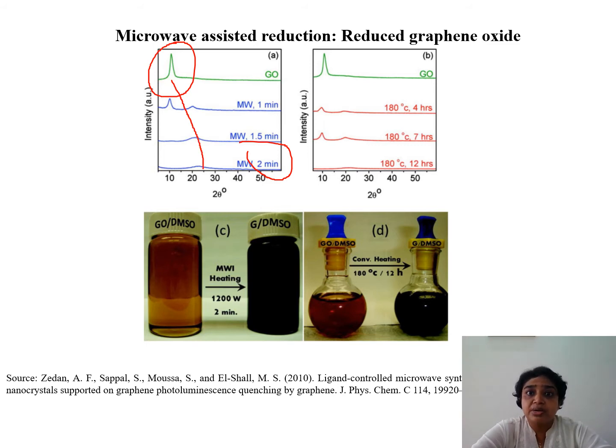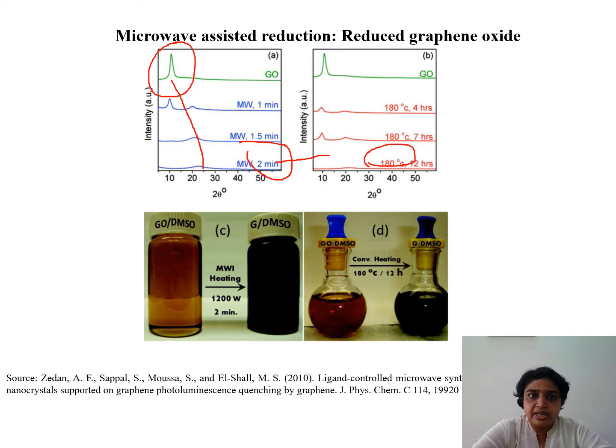However, the conventional method took 12 hours, and just imagine how much energy was consumed. On the contrary, microwave gave the same result in just 2 minutes. It is very interesting that conventional processing took 7 hours to get the reduced oxide. This is just an inherent feature of the sample.